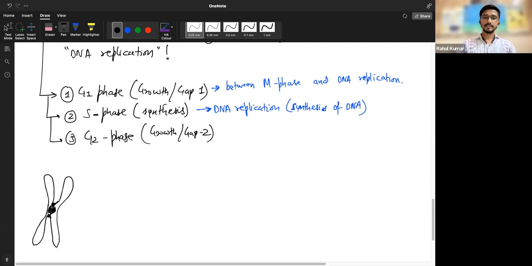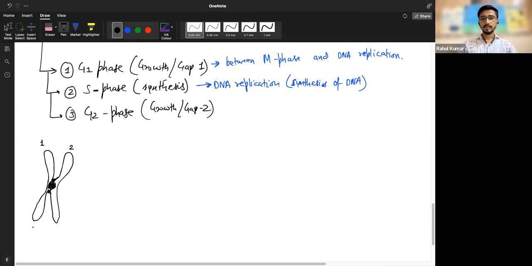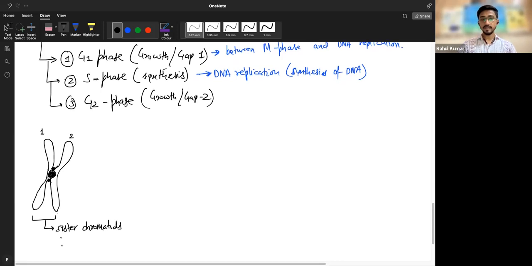So this is the answer. This is already 2 times the DNA, because this is one chromatid and this is the second chromatid. And both of them in this form are called sister chromatids. They are identical.